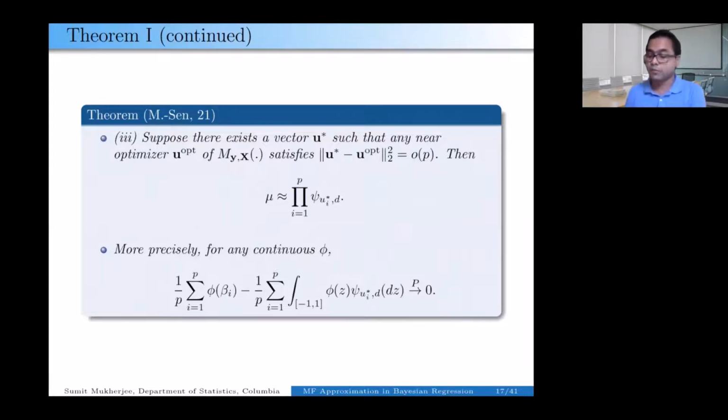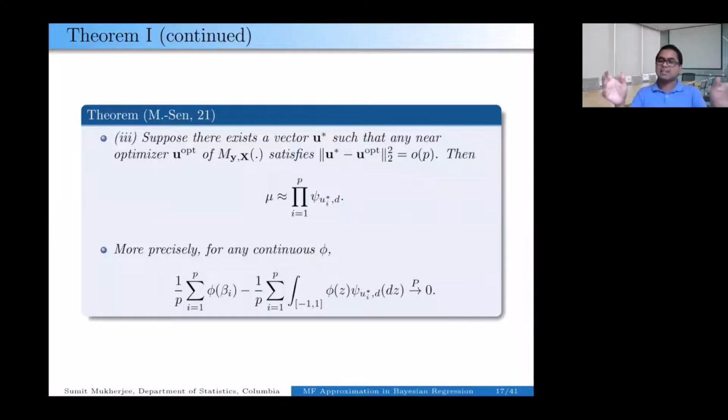Now, if you have multiple optima, proving this is harder, but the intuition is that mu is approximated by a mixture of product measures, where the mixture is over the set of optimizers. But then it's very hard to characterize the weights of these mixtures. And if there are uncountably many optimizers, then things are much harder. But if there's a unique optimizer, things are much nicer.